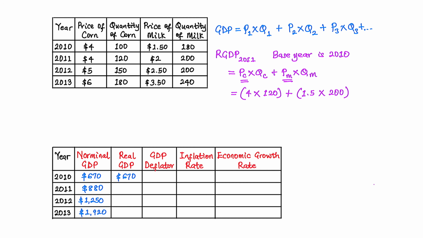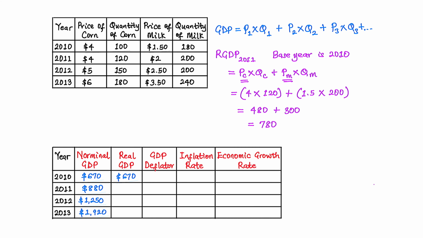So get this again: the price of the base year multiplied by the quantity of the year you are calculating the real GDP for. Simplifying, that's 4 times 120, that's 480, plus 1.5 times 200, that's 300. So 480 plus 300 gives us a sum of 780.